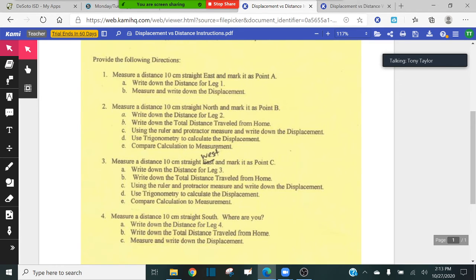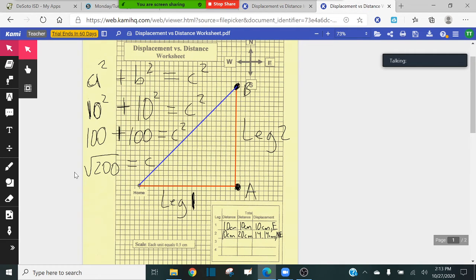We have to finish step 3 and step 4. Let me go ahead and delete this so I can have some room to write.